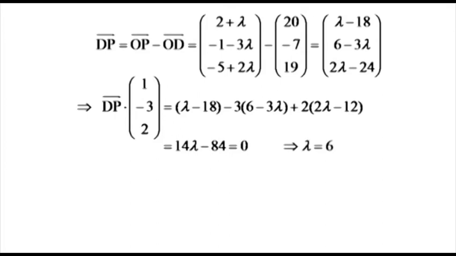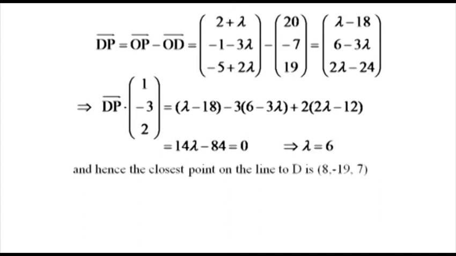Hence the value of lambda corresponding to the point P, for which DP is perpendicular to the line, is equal to 6. Substituting this value into the equation for the line gives the point P, which is closest to D, as (8, -19, 7).